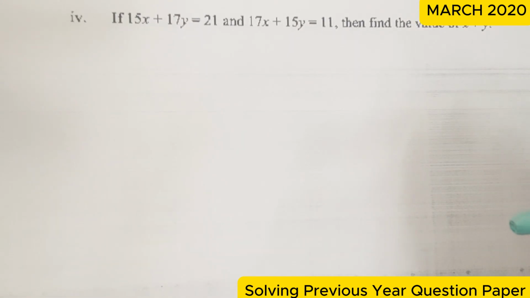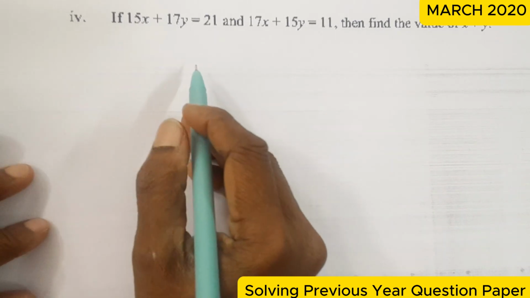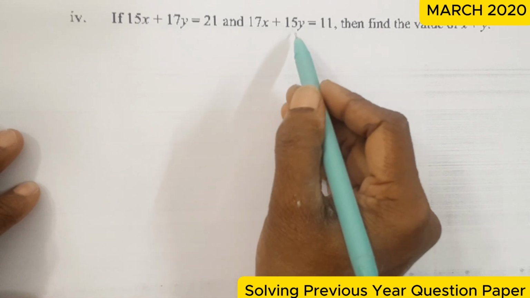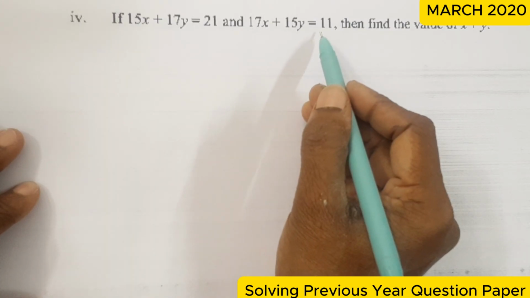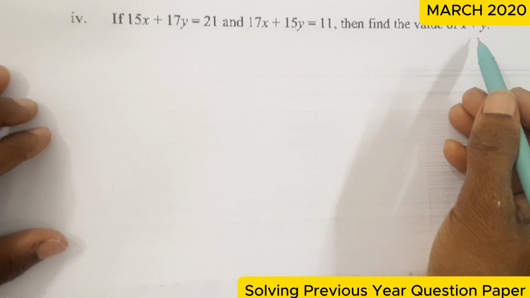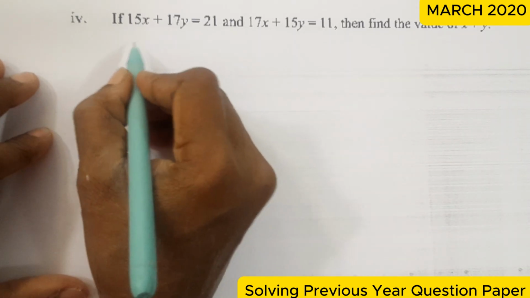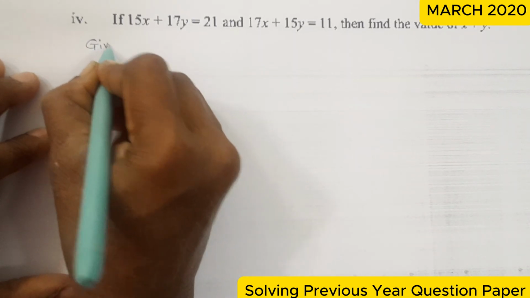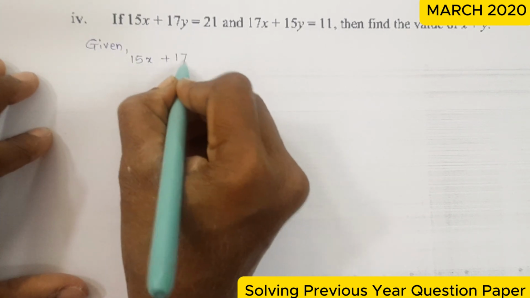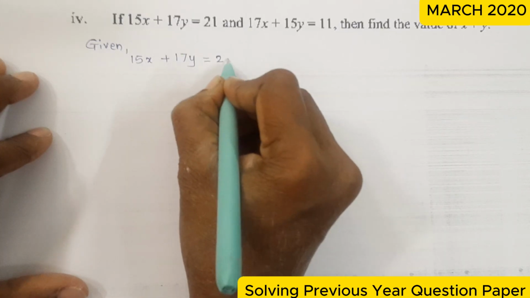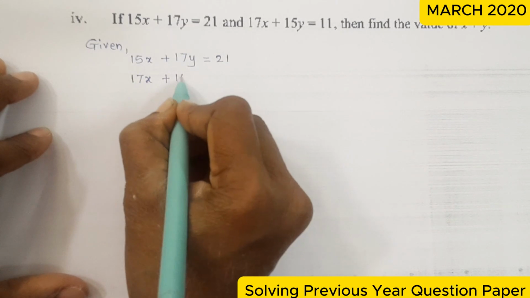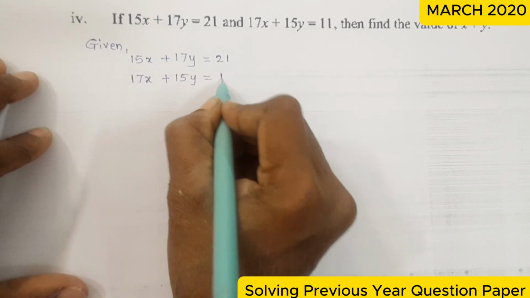Question 4. If 15x plus 17y is equal to 21 and 17x plus 15y is equal to 11, then find the value of x plus y. So now here students, in the given, we write given 15x plus 17y is equal to 21, and then next one 17x plus 15y is equal to 11.